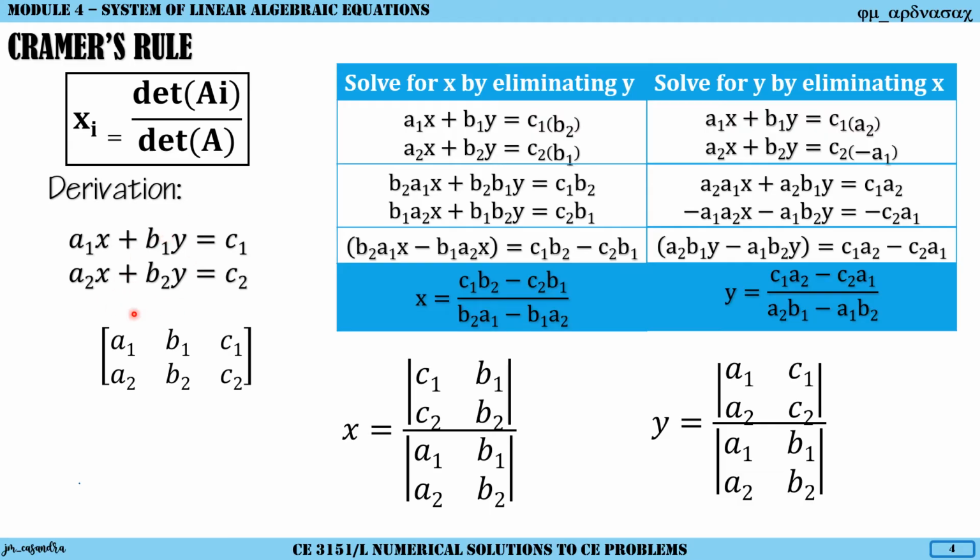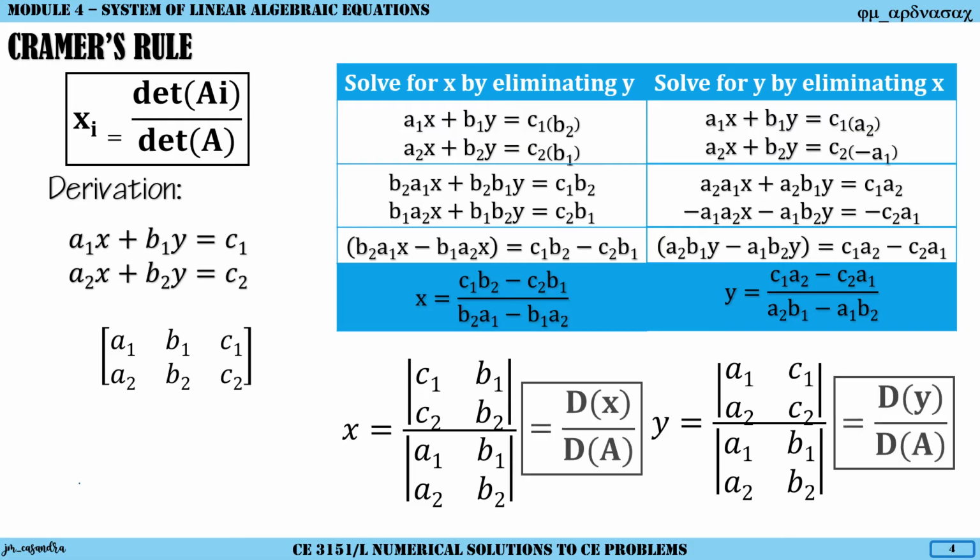We change the values of b into the values of our right side of the equation. Okay, so basically this will now be applicable for all variables in our equation. So Cramer's rule can be applied to any number of equations, and the number of equations should also be equal to the number of unknowns.